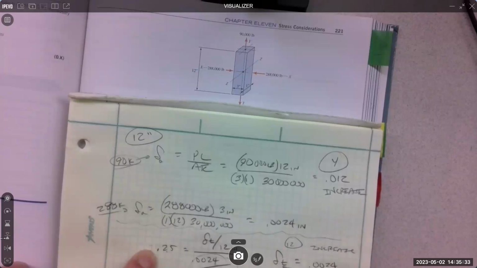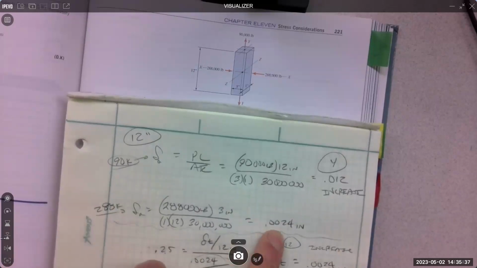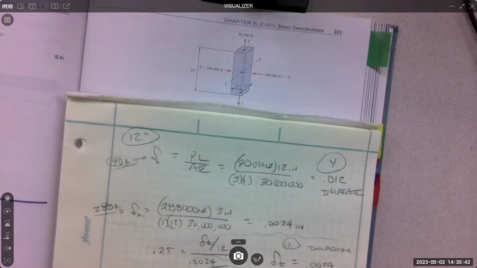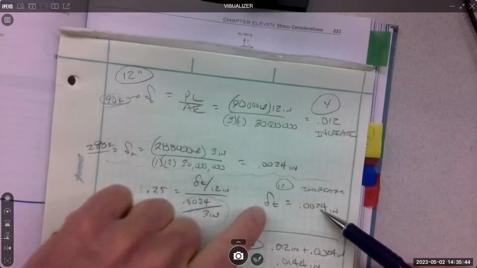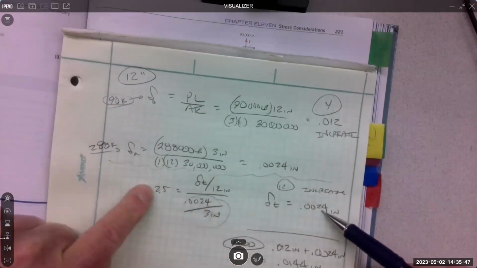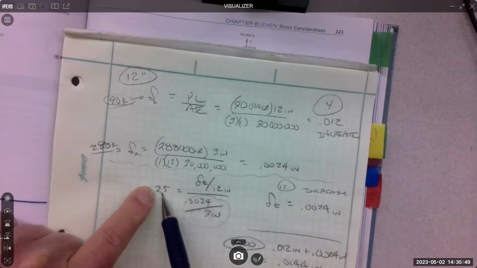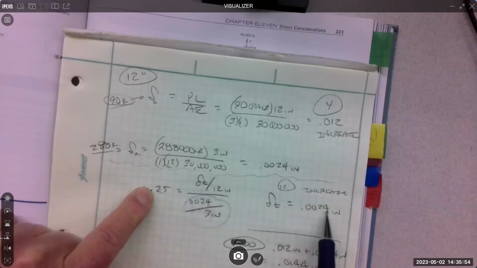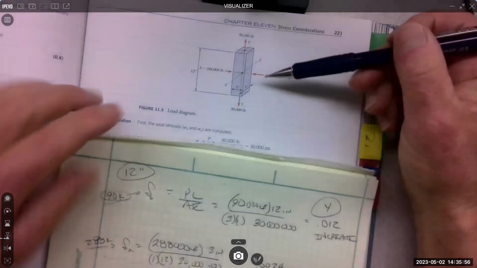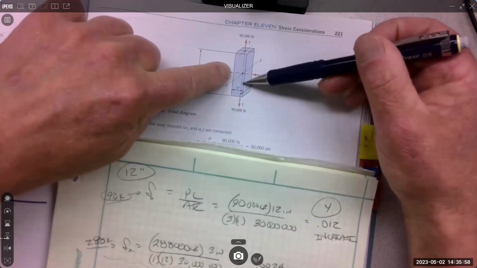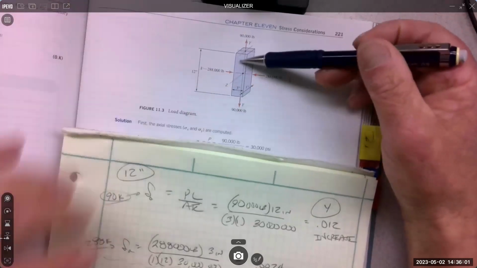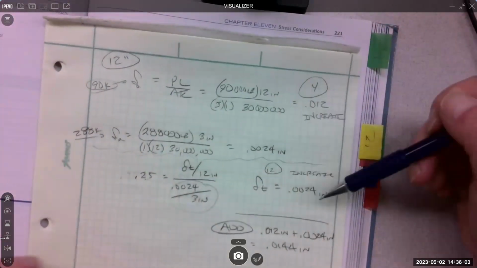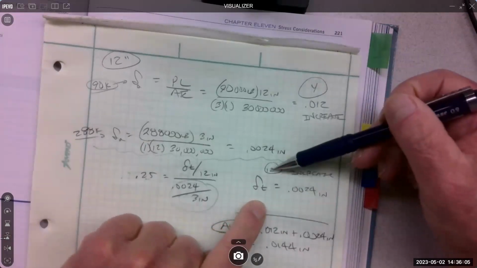I actually got a change in the transverse of 0.0024. Not fantastic that it's exactly the same as the axial; that's just coincidental. But doing that times that, and then 12 times that, gave me a change in the transverse of 0.0024. That is when you compress the 3, you're squishing out the 12. So that is also an increase on the 12 inches.